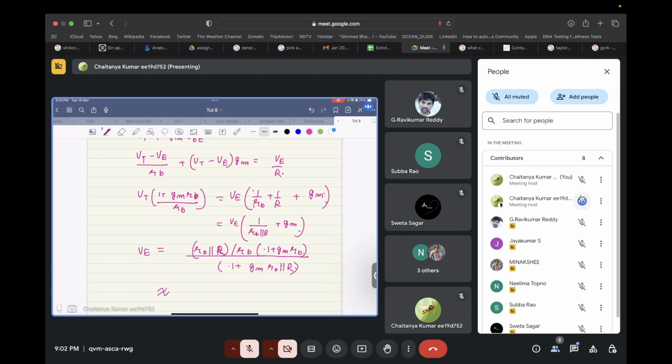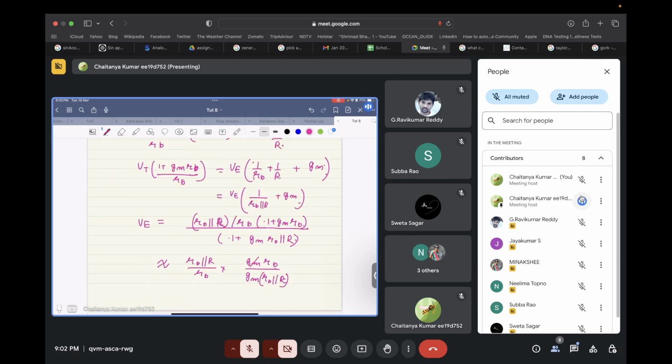So we get (RB parallel R) divided by RB times GM RB divided by GM (RB parallel R). Okay, so GM will be cancelled, RB will be cancelled, and RB parallel R will be cancelled by RB parallel R. So this is roughly equal to 1. So our emitter voltage is approximately equal to the test voltage.